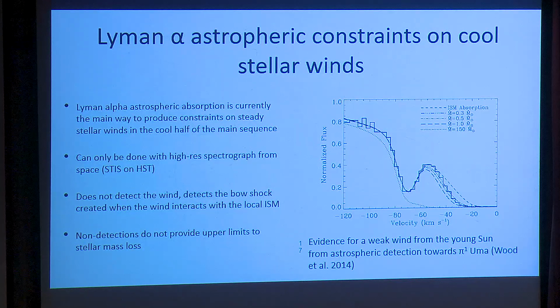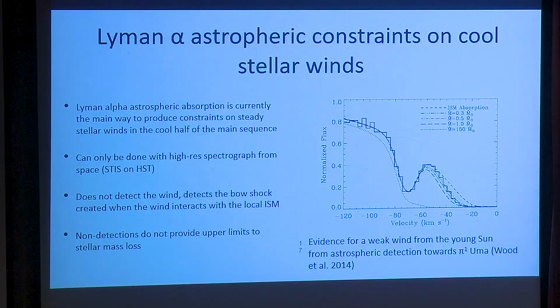One thing I want to make sure that you take away from this is that we have very few direct measures of stellar wind mass loss. This Lyman alpha astrospheric absorption is currently the main way to produce constraints on steady winds in the cool half of the main sequence. It is an indirect method.